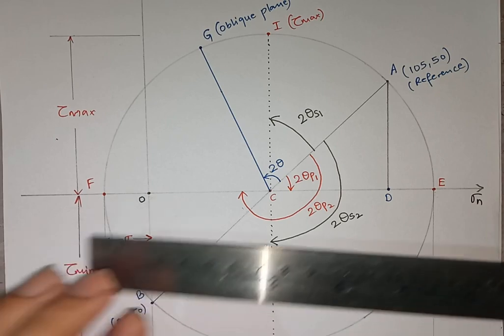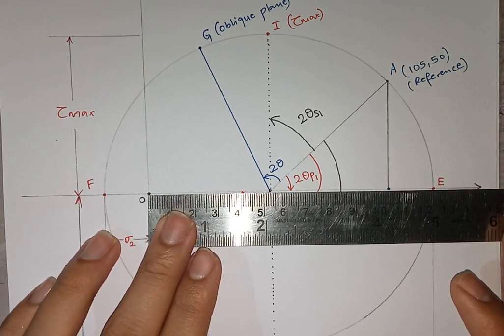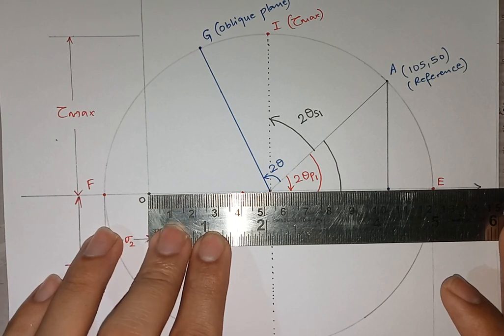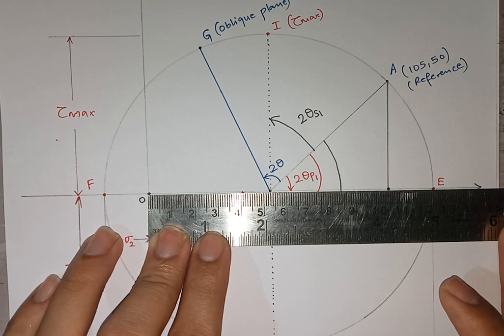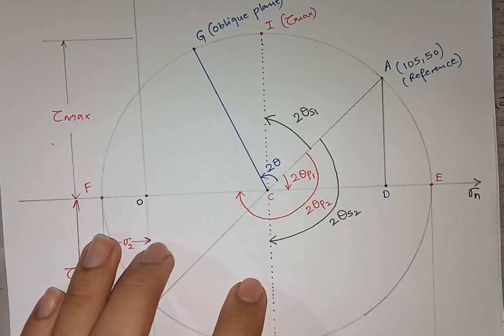Now in order to check what is the value of sigma 1, you can just check it here. So value of sigma 1, if I am just checking it, is giving me somewhere around 12.4.